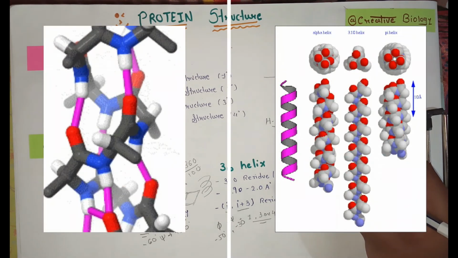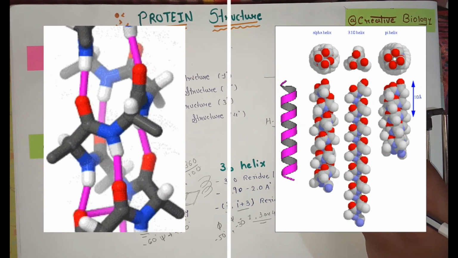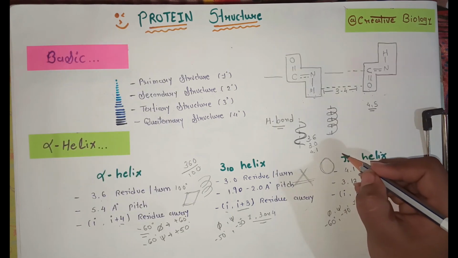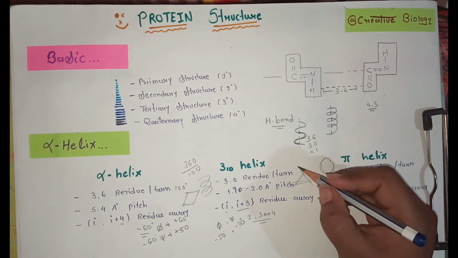I am showing the pictures of each type of helical structure. Now that's all about the helical secondary structure of protein.